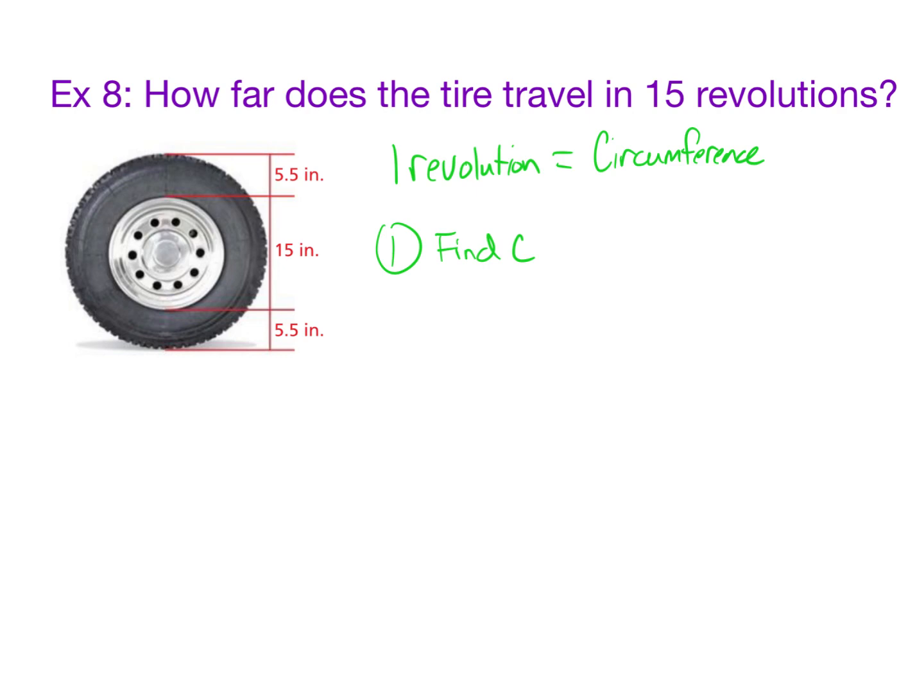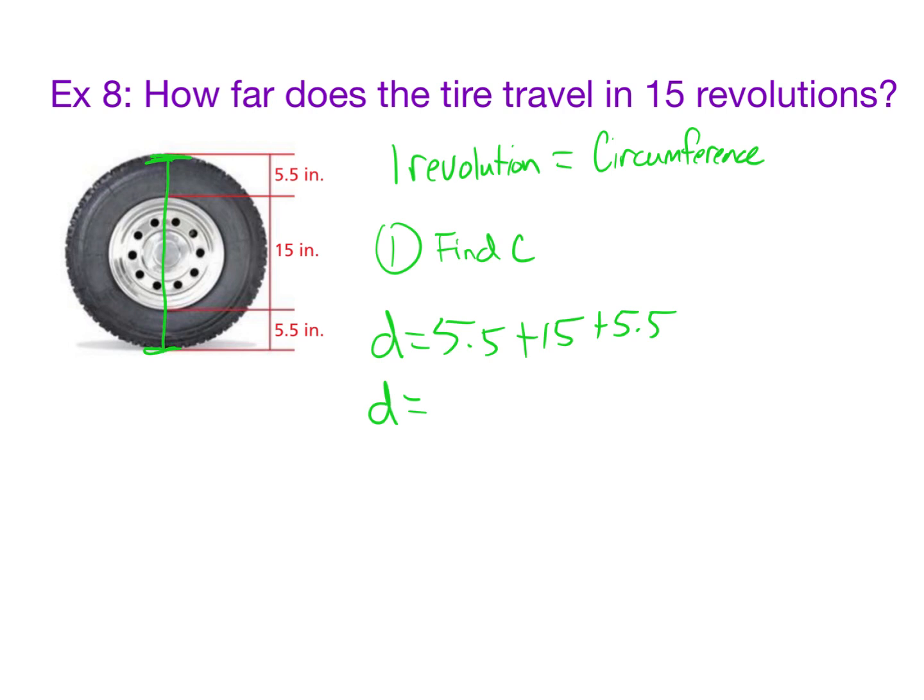Okay. First thing is I need to figure out what the diameter is. How do I find the diameter on this one? Add them together. Yeah, just add those 3 numbers because the diameter is from edge to edge through the center. So I'm going to add that 5.5 plus 15 plus 5.5.